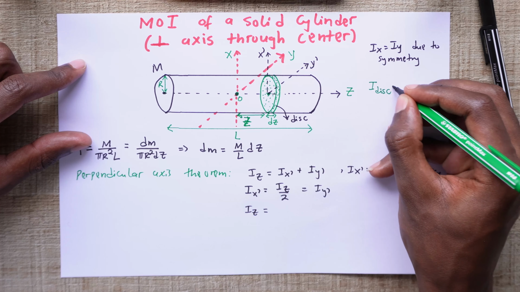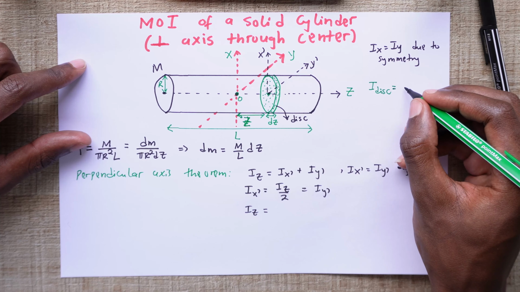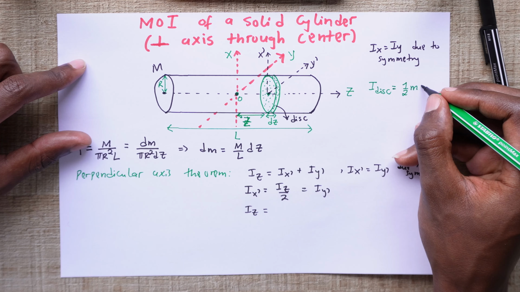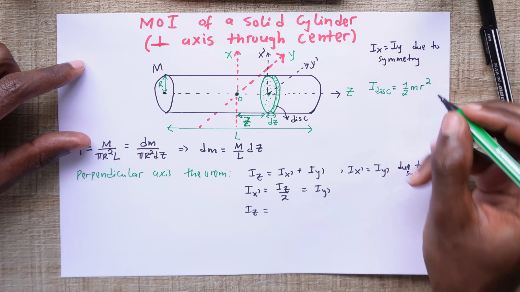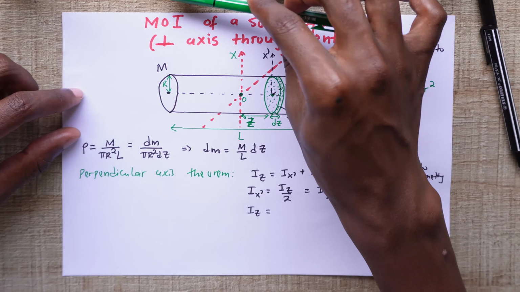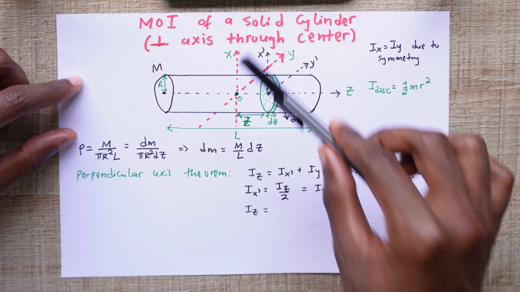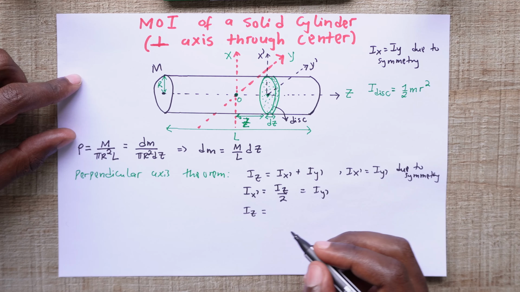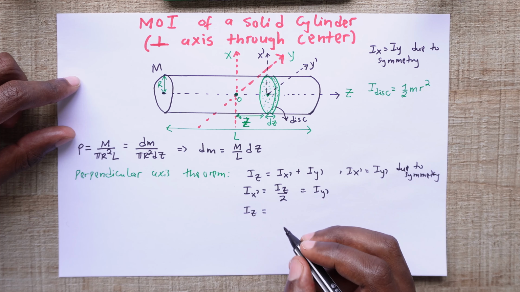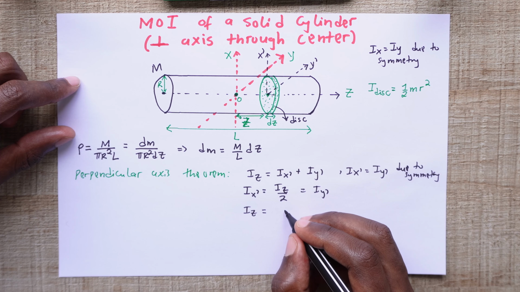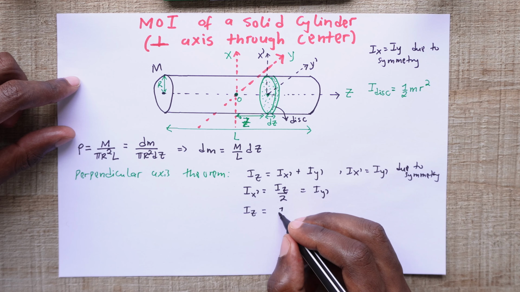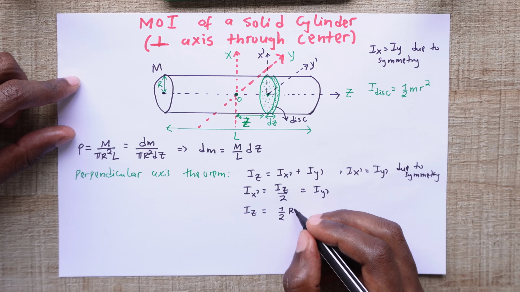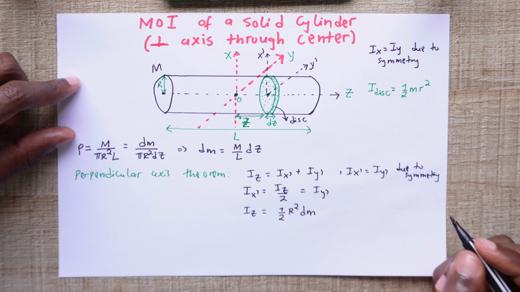The I of the disk, we saw, was just half the mass times the radius of the disk squared. So we are going to make use of that result. We plug it here, and we are going to have Iz as half times the mass dm times the radius squared, so half R squared dm.